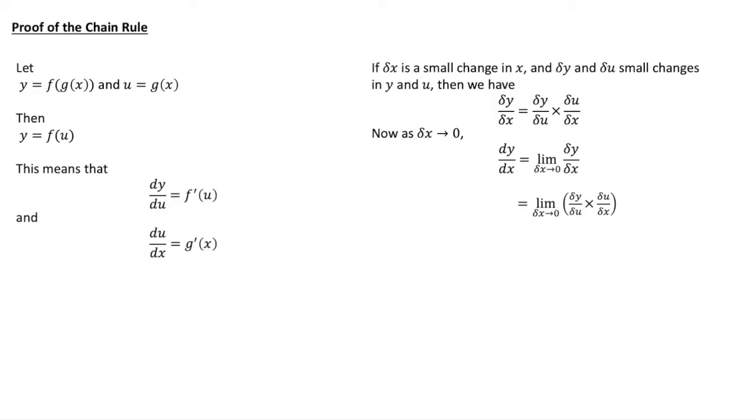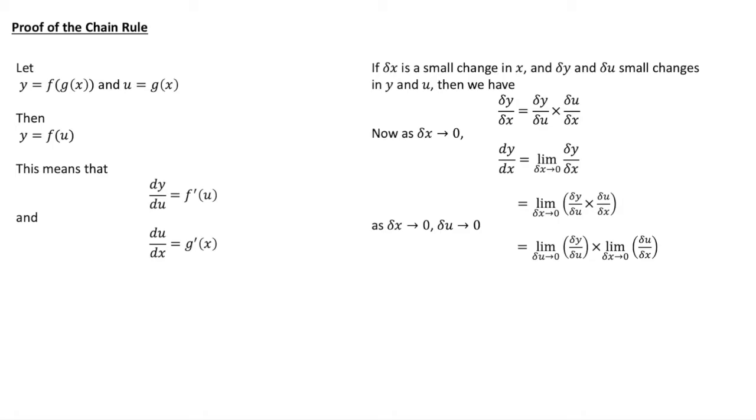And in this case, because we've now set up delta y over delta x to be equal to delta y over delta u times delta u over delta x, we now have that dy by dx is equal to the limit as delta x tends to naught of delta y over delta u times delta u over delta x. Now in this case, as delta x tends to naught, delta u will also tend to naught because they're connected.